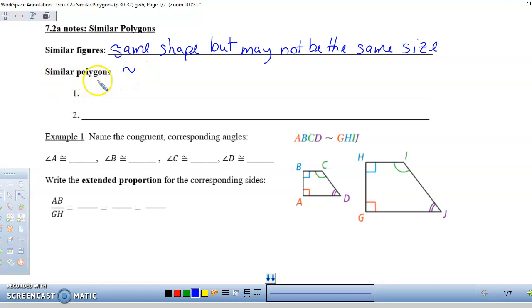Okay, but there are two parts to similar polygons. And both of these need to be true in order for the shapes to be similar. The first one says that corresponding angles are congruent.